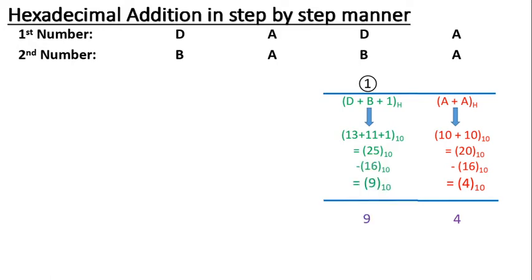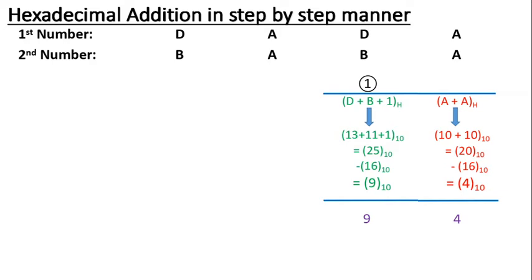It comes to 9 decimal, and 9 decimal is expressible in hexadecimal as 9 itself, which is written at the bottom line, 9. As the base 16 has been subtracted in this step, a carry will be forwarded to the next digit addition.